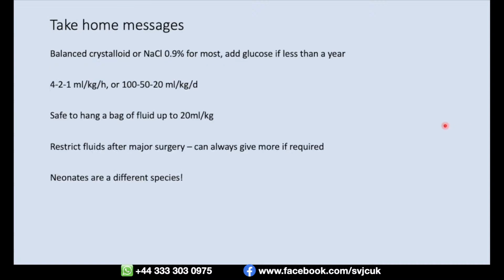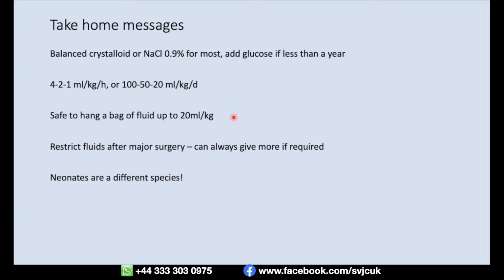So my take-home messages from this talk are that balanced crystalloid or normal saline are fine for most children, and think about adding glucose really if they're less than about a year old. Use the 4-2-1 rule for calculating maintenance fluid requirements in theatre, or the 150-20 rule for calculating a daily maintenance requirement.